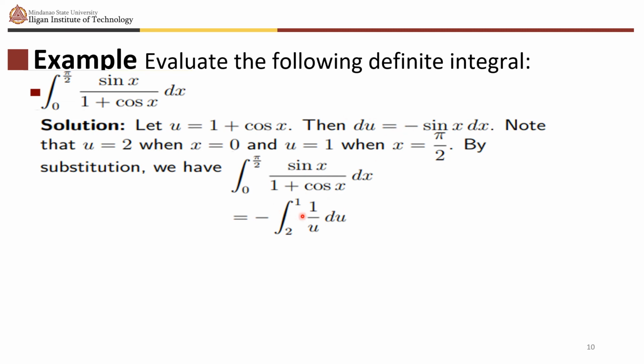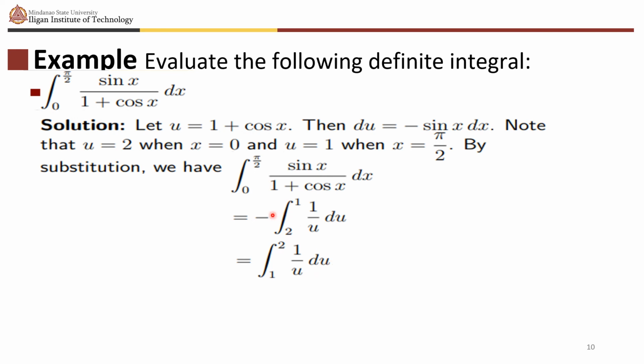Negative du is your sine x dx. So when we take the integral of 1 over u du, then you have negative. Notice that this is 2 to 1. To make this positive, we can actually reverse the limits. That becomes positive, and you now have the integral from 1 to 2 of 1 over u du.